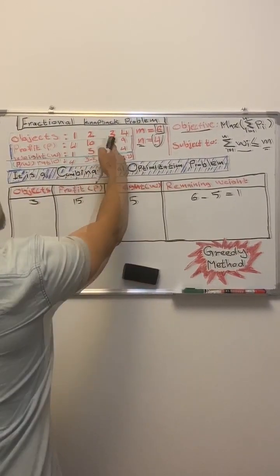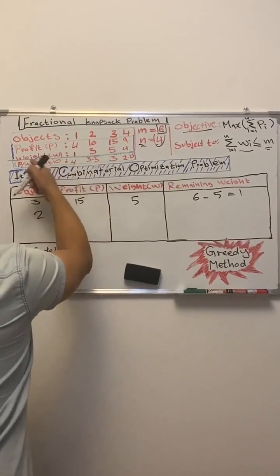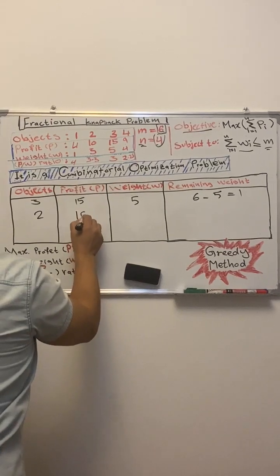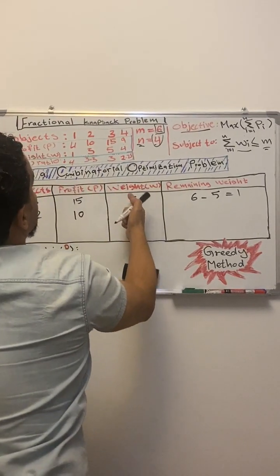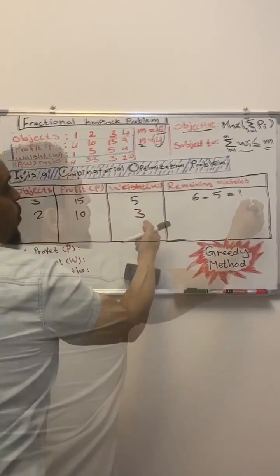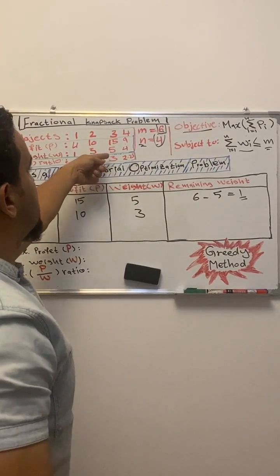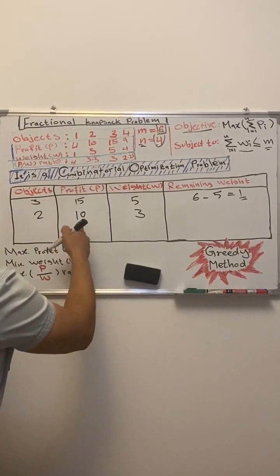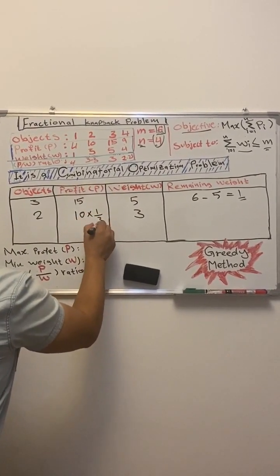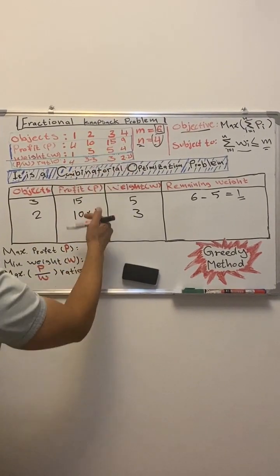So what is the next highest profit? This one, object number 2. What is the profit of object number 2? It is 10, okay? But what is the weight of object number 2? The weight is 3. But we are left with only 1 weight unit. So we have to take 1 out of this 3. So this profit, we will multiply by 1 divided by 3. We're going to take 1 out of these 3 units of weight.